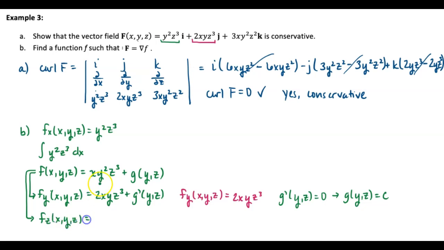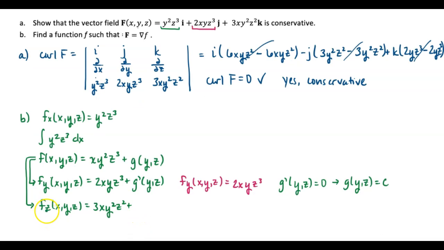This time treating x and y as constants, we get that this is going to be 3xy squared z squared plus some function of z. And remembering that this is the partial derivative with respect to z, we know that this is also going to be the derivative of that constant. So let's call that h prime of z.